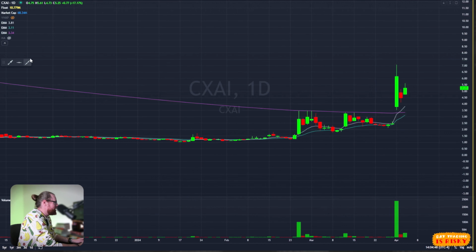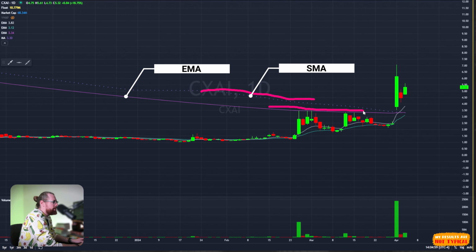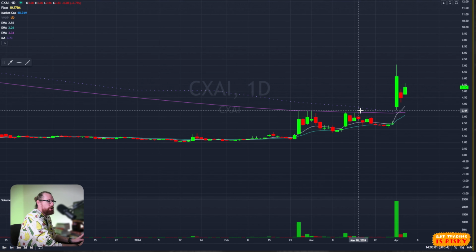So then what I do on my chart is I actually have both. I have the SMA as a dotted line here, and I have the EMA as the solid line. And I only do this on my daily chart, and I do it because the daily chart is such a well-respected time frame. So many people check the daily chart before considering whether or not they're going to take a trade.